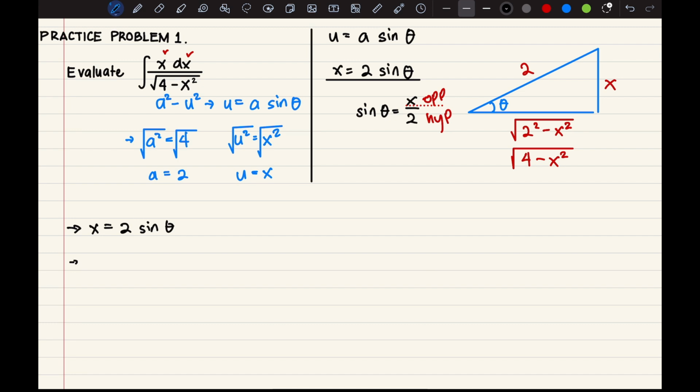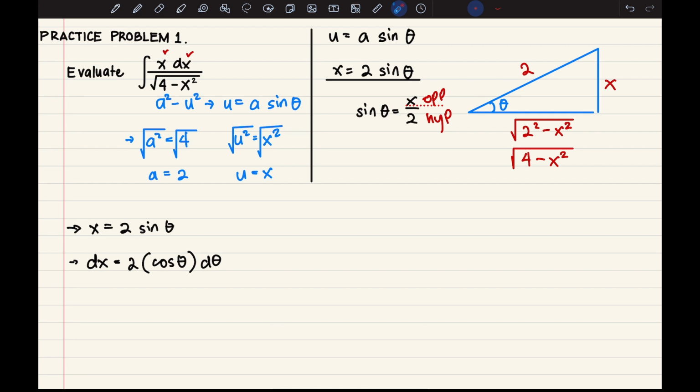So getting the differential of x, we have differential x equals the constant 2 multiplied by the derivative of sine theta, which is cosine theta. And then since it is differential, we differentiated with respect to theta, so we should add a differential theta at the end.